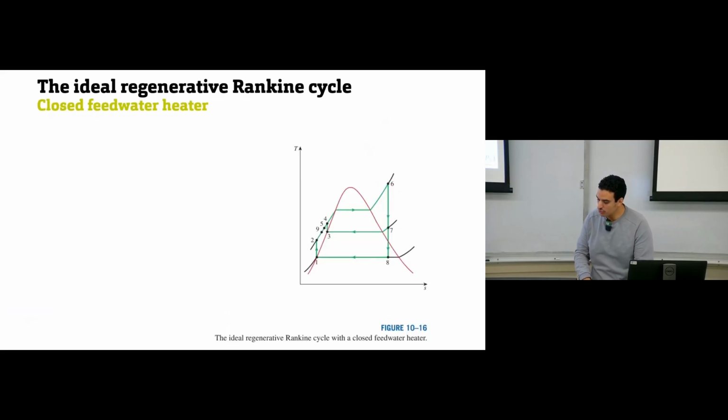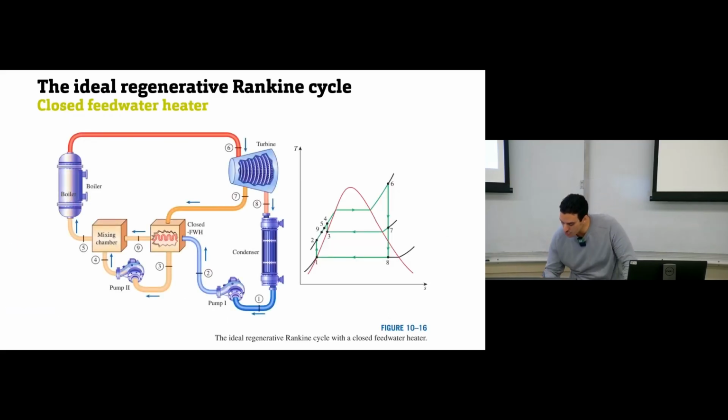For this one, this is a closed feed water heater. Why is this closed? Because how many inlets do I have? This is the first inlet, this is the second inlet. 2 inlets. And how many outlets? 2. So this is similar to a heat exchanger. We have 2 inlets, 2 outlets. They will not be mixed.